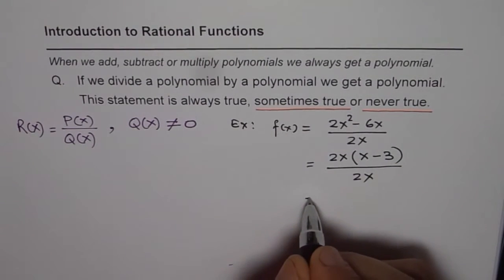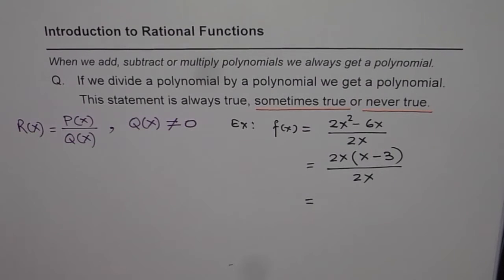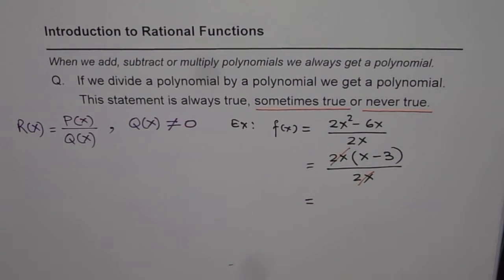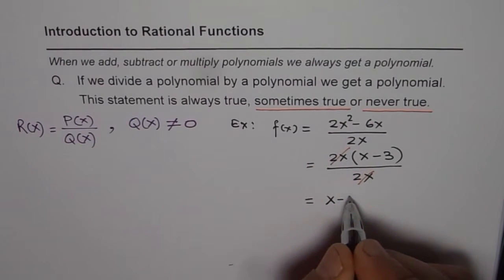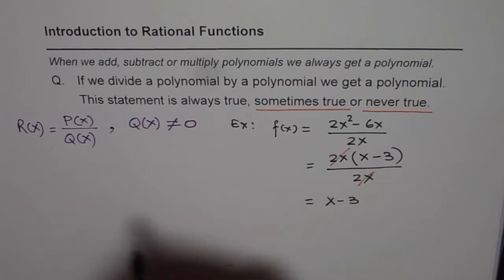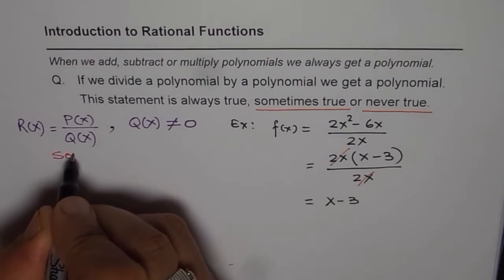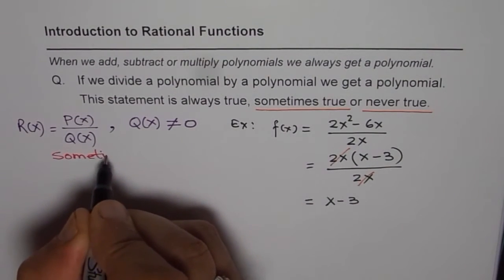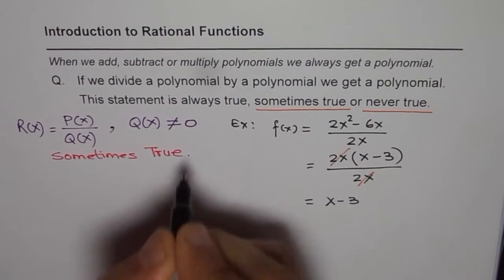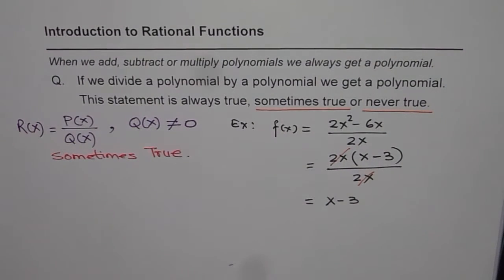Now this can be simplified, and we say, well, 2x and 2x in the numerator and denominator can be cancelled, and what we get is x minus 3. Now x minus 3 is a polynomial, and therefore the student answers that this statement is sometimes true, and that is the example which gives that it is sometimes true.